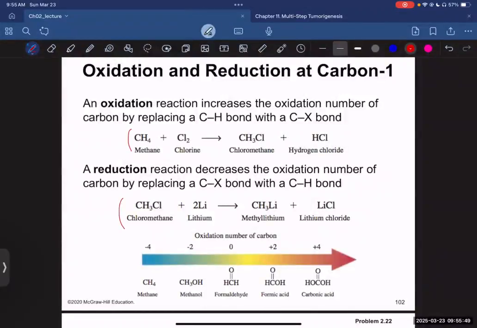We're able to see that methane at -4 is now going to become oxidized because it's now going to be -2. And the reduction reaction, indeed, here is going to be occurring when we have -2 and -4 with regards to the oxidation state of these carbons. So make sure you know how to basically calculate the oxidation number of these carbons or these molecules.